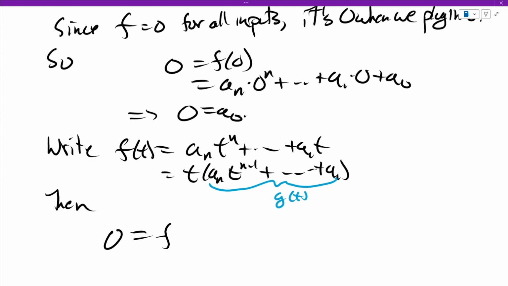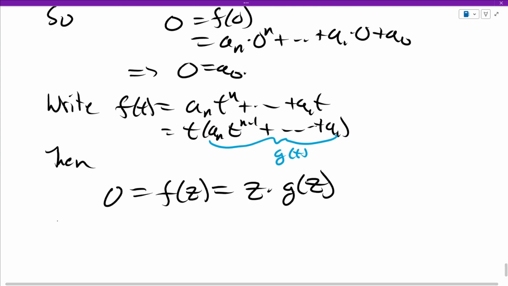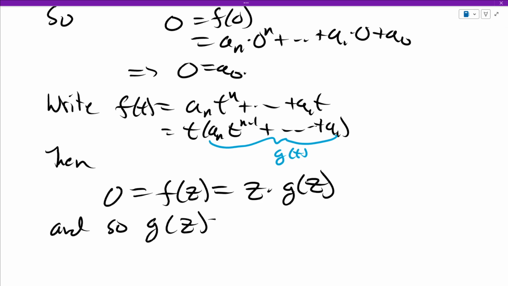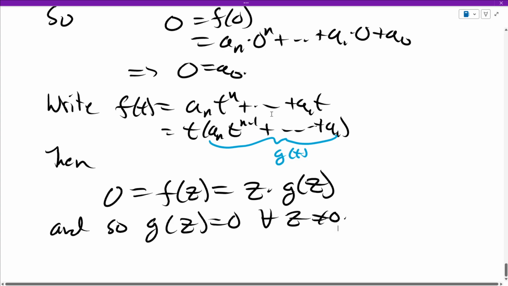We know that when we plug anything into f, we get 0. And in particular, the only time that g of z is maybe not 0 is if z is 0. And so g of z therefore must be 0 for all z not 0. In particular, when z is not 0, you can divide by it and get that g of z is 0. The only possible place where g of z might not be 0 is at 0. Okay.